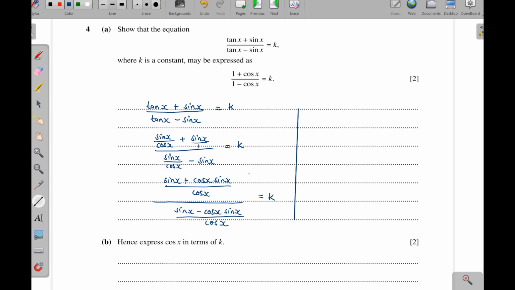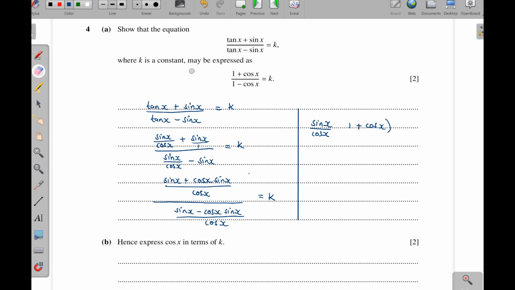But when you look, since both of them have the same denominator, the cos will go. So I'm going to pull out sine x. It is common up here, and also down here with the cosine of x. That means here I'm remaining with a 1 plus the cosine, so we have 1 plus cosine x.